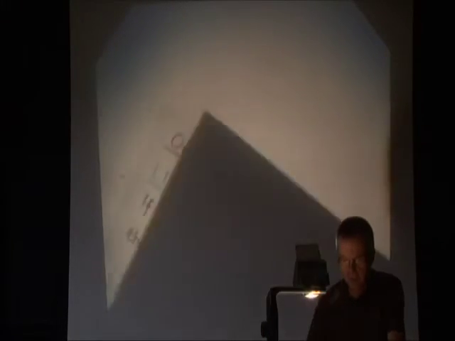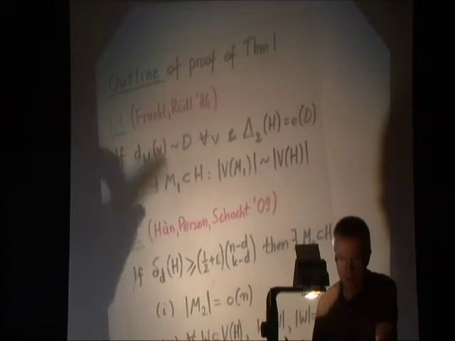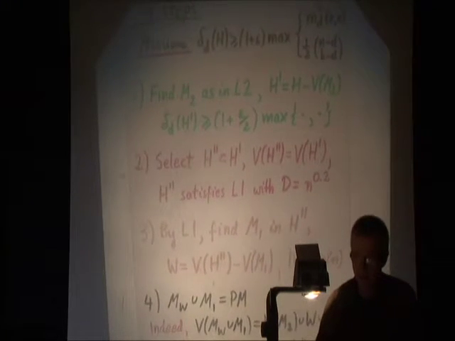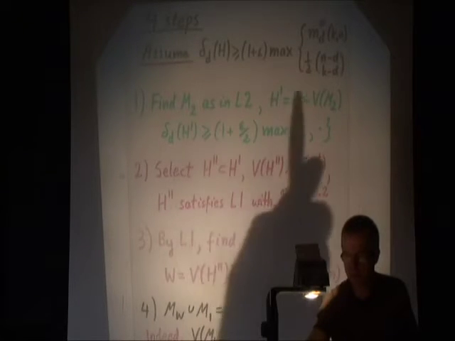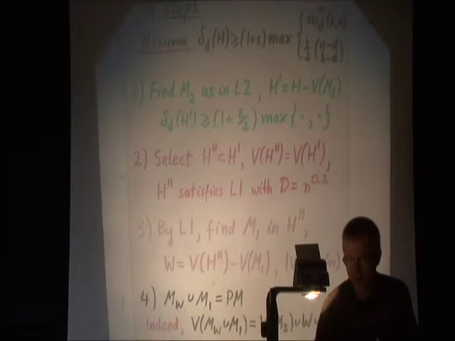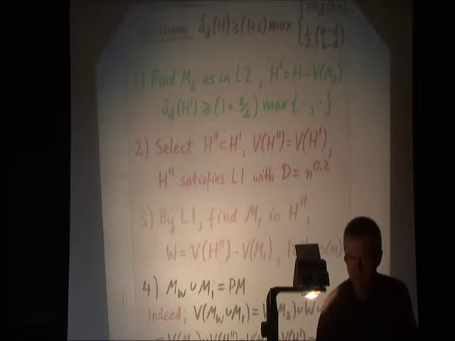So anyway, it really boils down to verifying this, to find a sub-hypergraph which satisfies this. It's probably impossible to comprehend the details, but at least the idea. So we start with something which is bigger than both, and here actually are the 4 steps. So I can still tell you this.